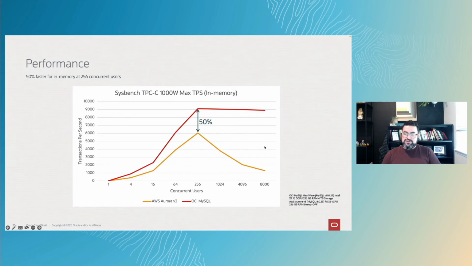And here, the difference is we have the thread pool plugin always enabled, and thread pool helps with this use case, where you need to deal with a lot of concurrent users and keep the performance stable.